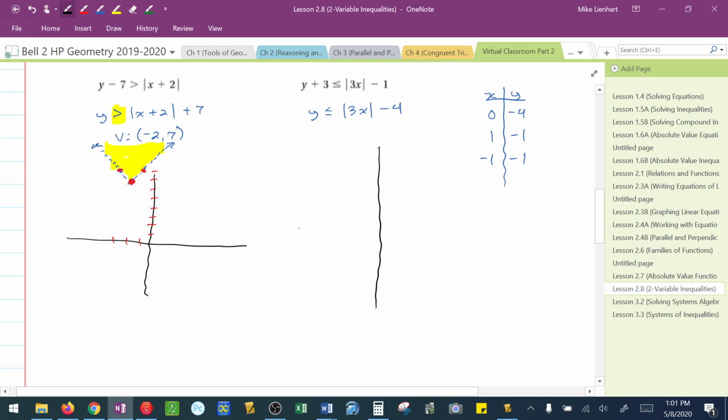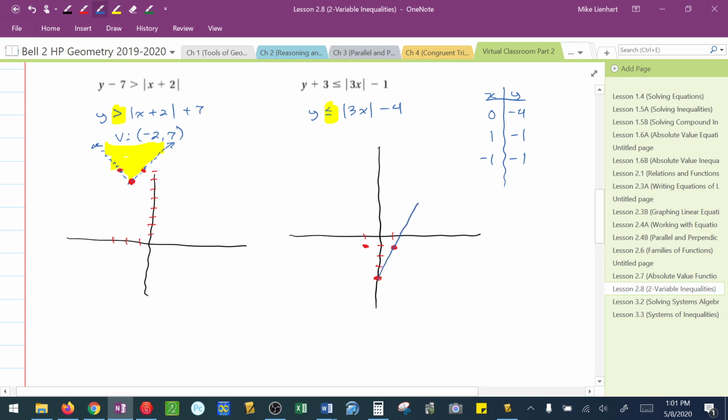I'm going to sketch this. The vertex is at 0, negative 4. I know if I go 1 to the right, I'm all the way up here at negative 1. If I go 1 to the left, I'm all the way up here at negative 1. And there is a pattern for me to follow. I look at the inequality. The inequality has an equal sign in it.